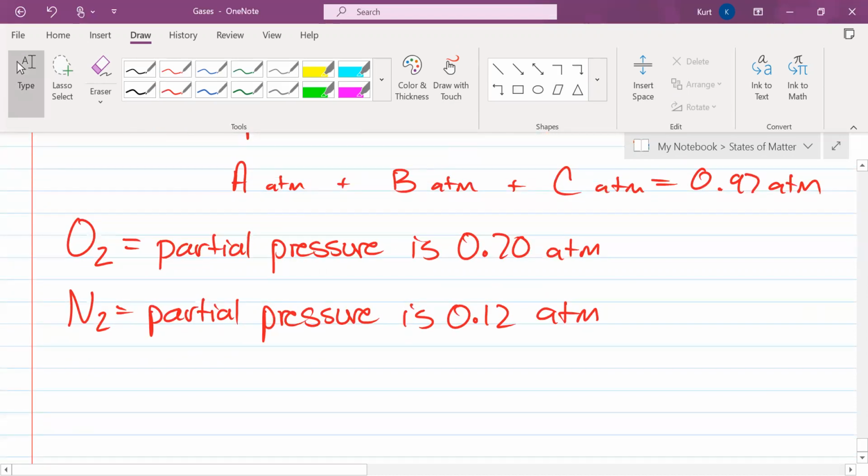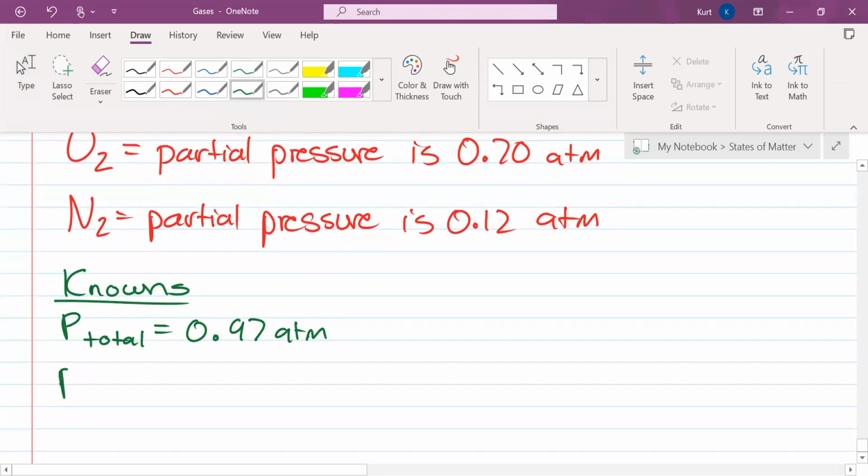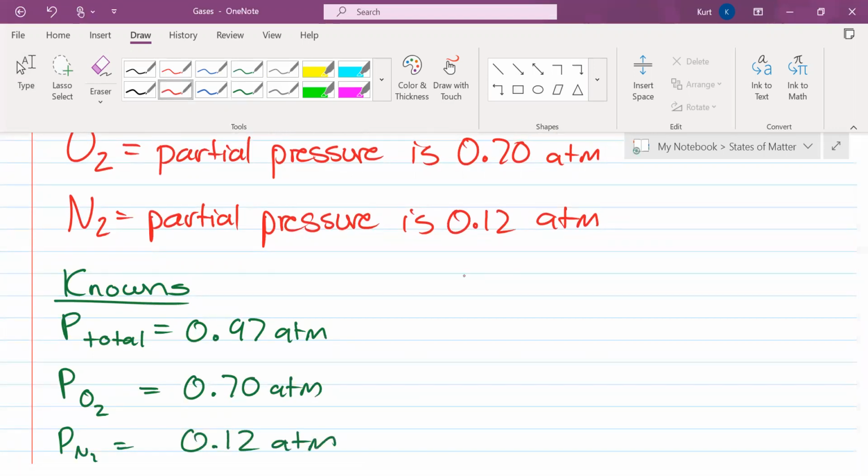I want to know what the pressure of carbon dioxide is. So our known values: your P total is 0.97 atmosphere. Your pressure for oxygen is 0.70. And your pressure for nitrogen is 0.12. Your unknown is the pressure for carbon dioxide.